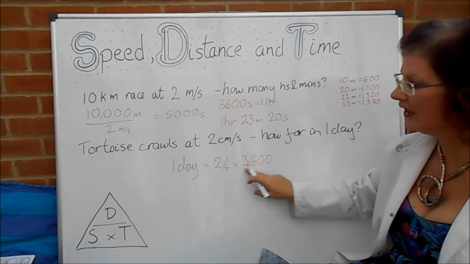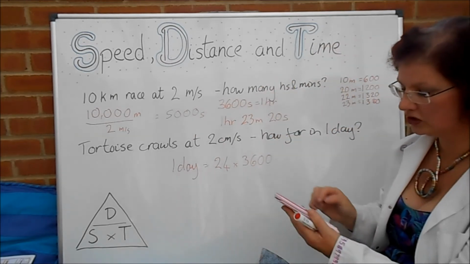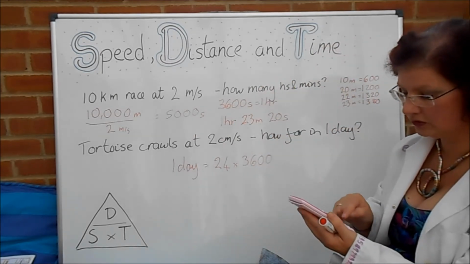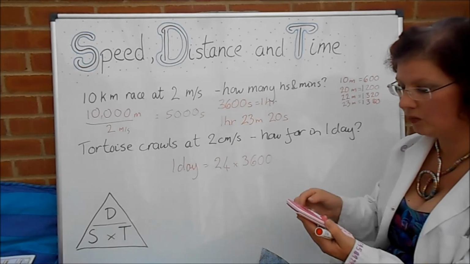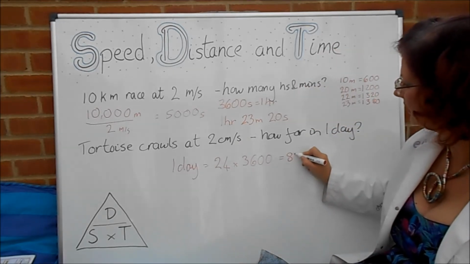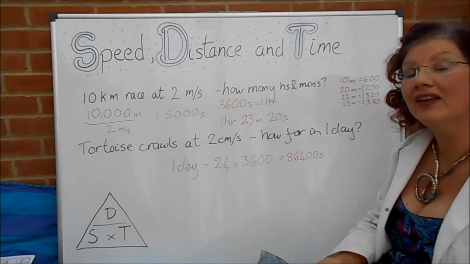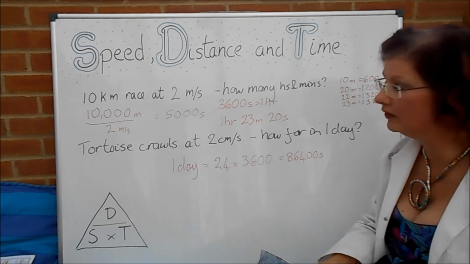That's the number of seconds in an hour, and those are the hours in a day. I'm just going to grab a calculator just for speed here. 24 times 3600, and we get 86,400 seconds. So that's one day written in seconds.